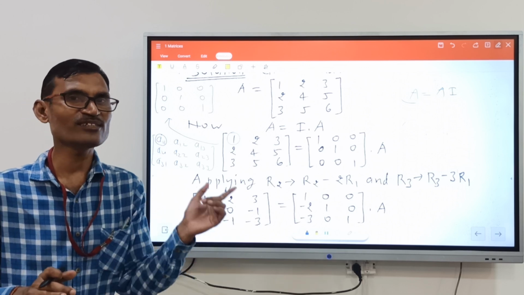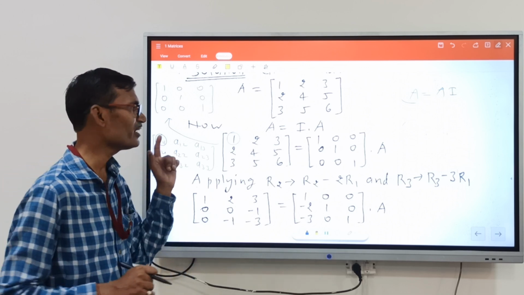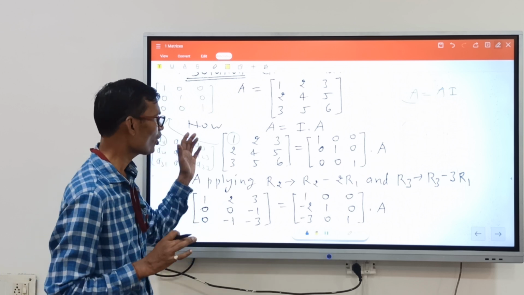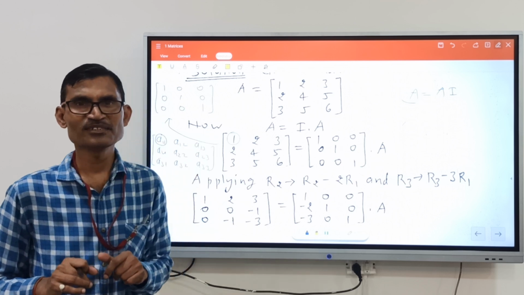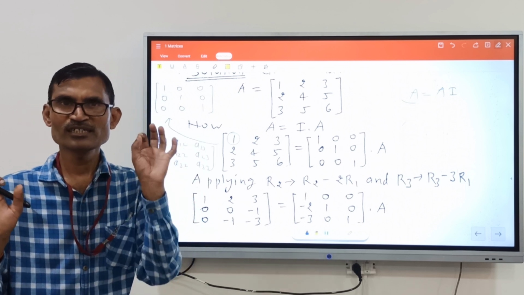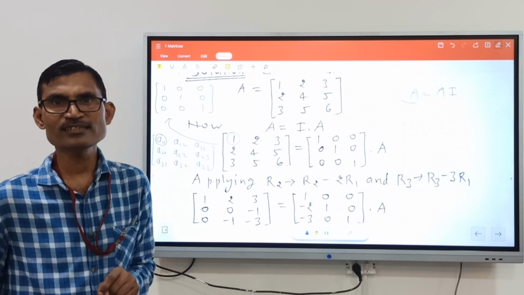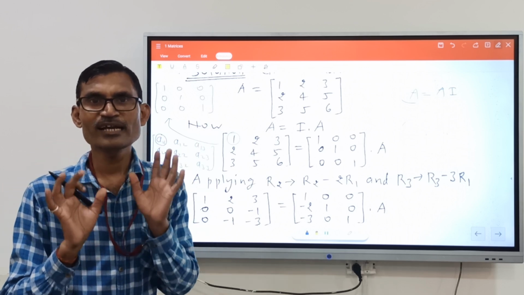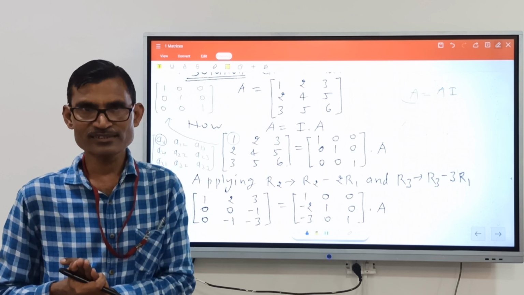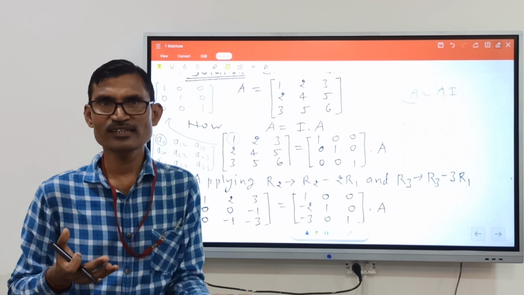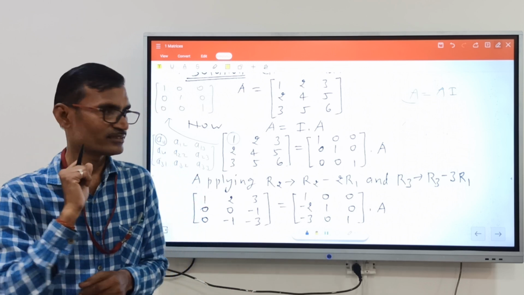But suppose it is not 1, it may be any other element. We will think about how we can make this element 1. The step is very simple. Just observe if there is 1 in any other place in the same column. If there is, just interchange the first row with the row where the 1 lies.